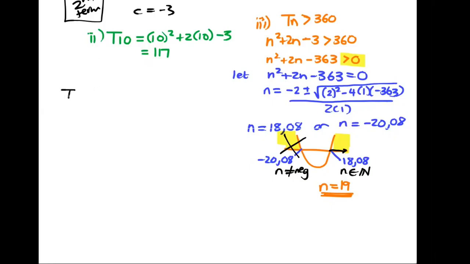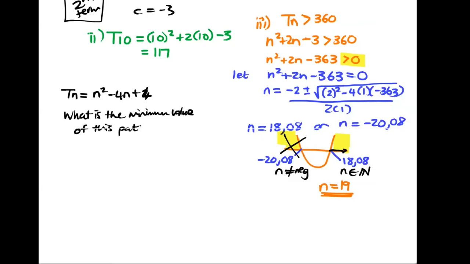If we had a quadratic pattern, Tn equals n squared minus 4n plus 2 plus 2, so n squared minus 4n plus 4, and I say to you, what is the minimum value of this pattern? What is the minimum value of this pattern?